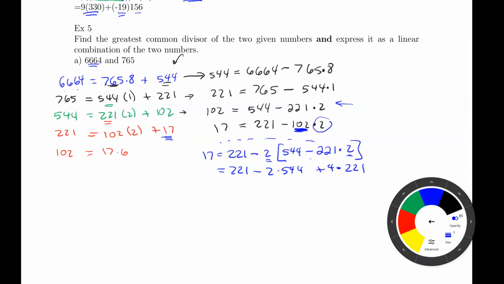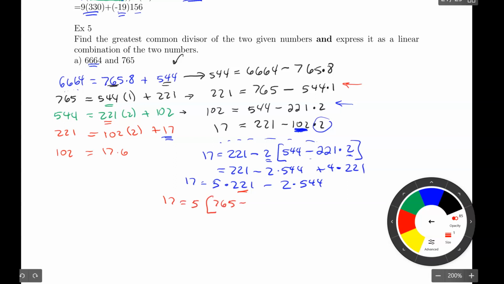So what do I have? A positive 4 221s, a positive 1 221, so that gives me a positive 5 221s minus a 2 times my 544. Okay, so now I'm looking for the small number, right? So the small number is 221, so now I'm going to replace it from here, right? So I get 17 is equal to 5 times 765 minus 544 times 1 minus 2 times 544.